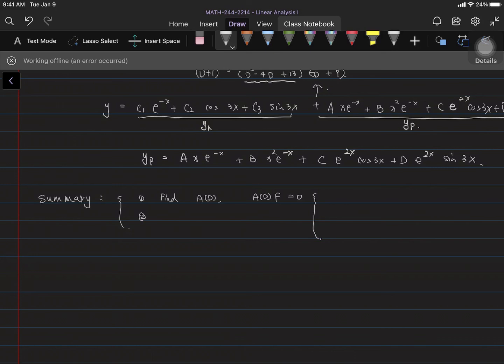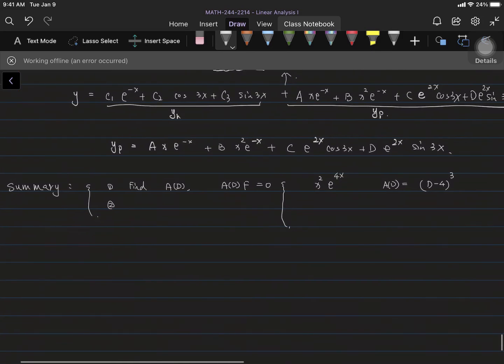When D is real, for example, x squared e to the 4x. What is AD? AD should be D minus 4, and because of x squared there, it should be the cube power, right? It definitely annihilates the same thing.